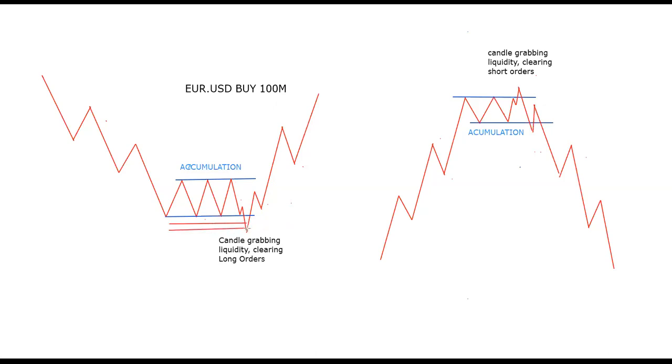They clear all of that. They take all of these out of the market. So after clearing all of these, it means that a lot of traders now have sell orders here instead of buy orders. Now they've triggered all of these sell orders.